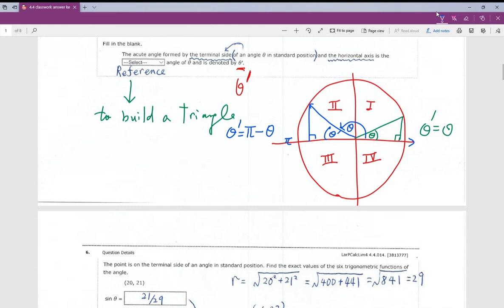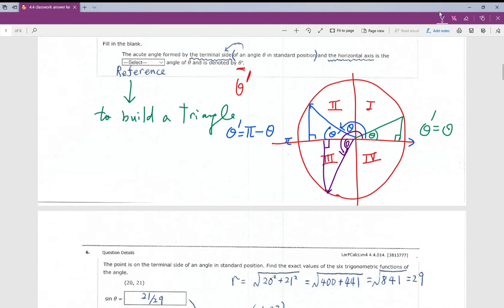Then keep going, we use which color? We use purple. Now if our angle keeps going to the third quadrant, which angle do you use to build the triangle? We use only this part. So how big is this reference angle?